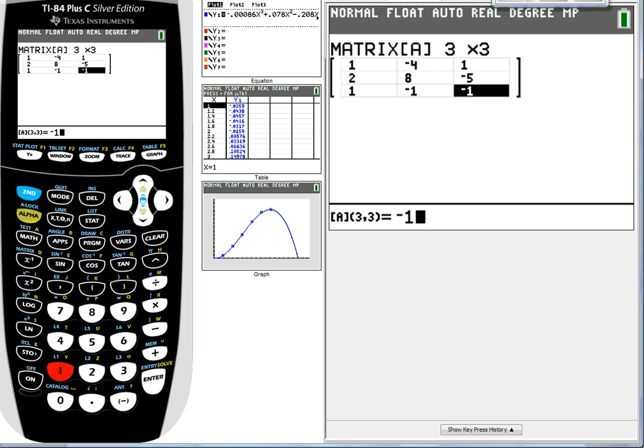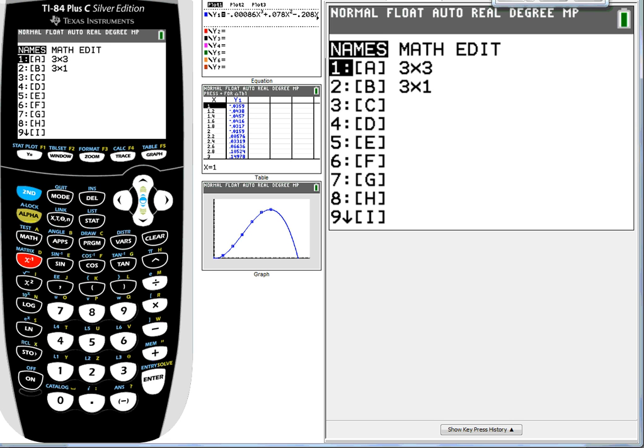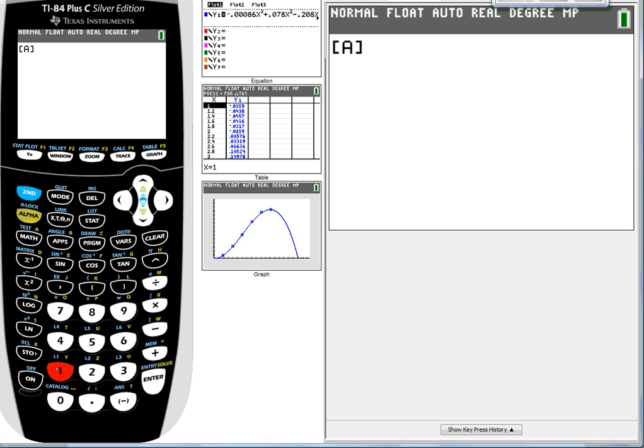So once I have this all in, I'm going to quit, and now I can answer question 12. I'm going to go matrix, and this first choice says names, right? So I'm going to choose matrix 1.